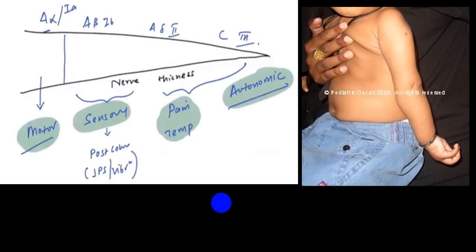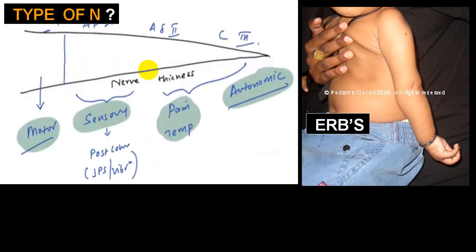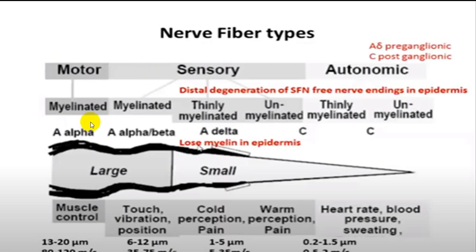Now I am going through the different types of fibers. This is a better diagram, I'll go through that. So large fibers and small fibers. Large fibers are thickly myelinated, and those consist of motor fibers, which we call A alpha.